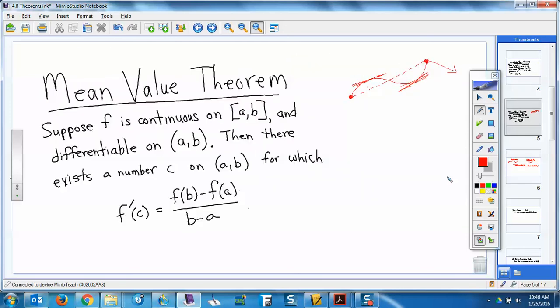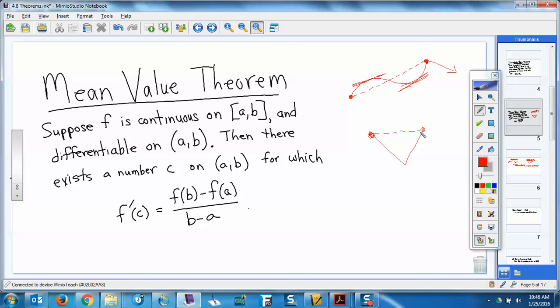But if you had a sharp point in between the endpoints, let's say you had the V graph, and let's say right there the slope is 0, right? Is there any place in there that has a slope of 0?